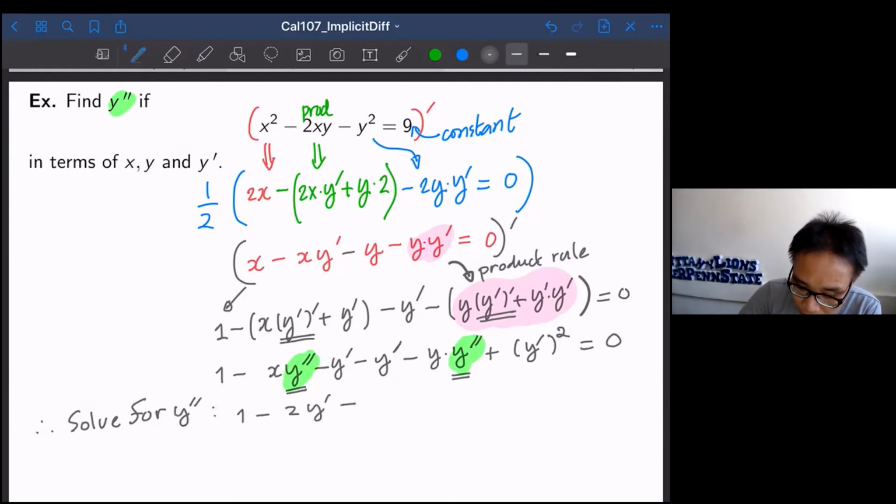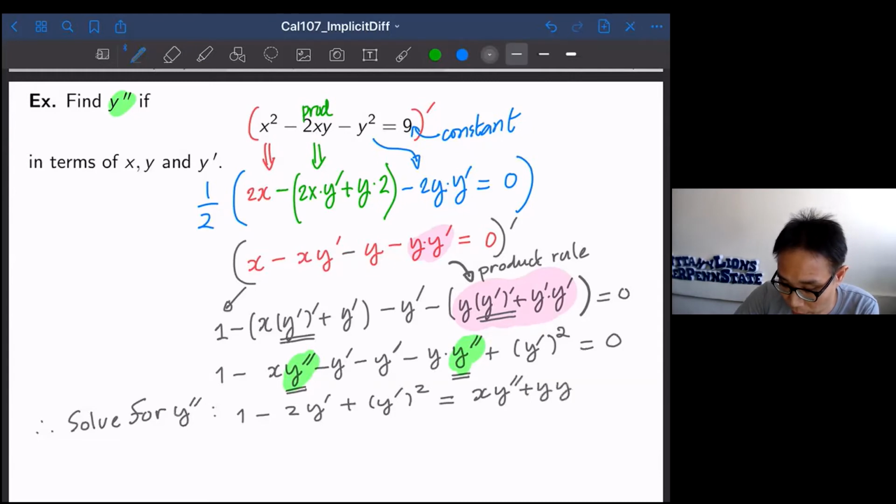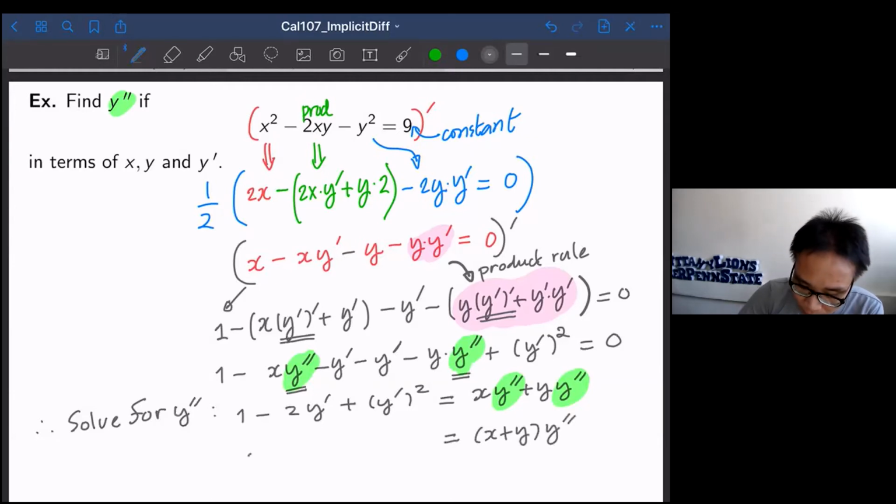And you plus y prime square. And you have the other term on the other side, so it's going to be x y double prime plus y double prime, okay? So in this case, you would get x plus y times y double prime, and you get 1 minus 2y prime plus y prime square.